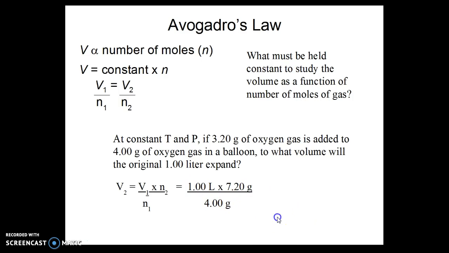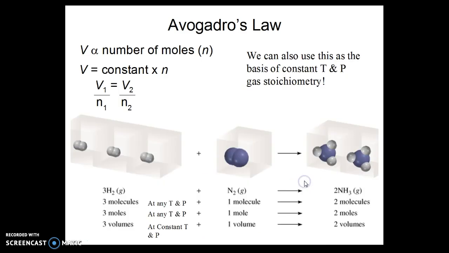Grams over grams is 1, and the answer is 1.80 liters. And that makes sense because we added more oxygen. In fact, we almost doubled the amount of oxygen gas, and so we will almost double the volume from 1 to 1.8.